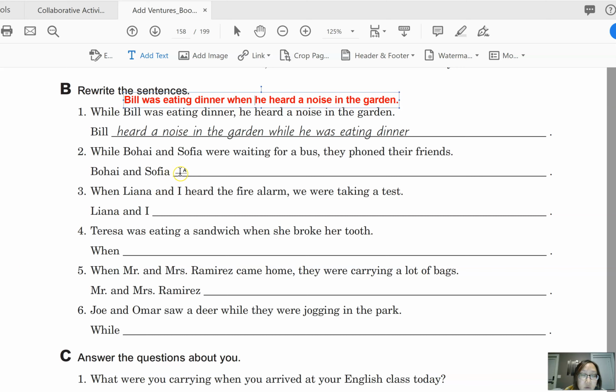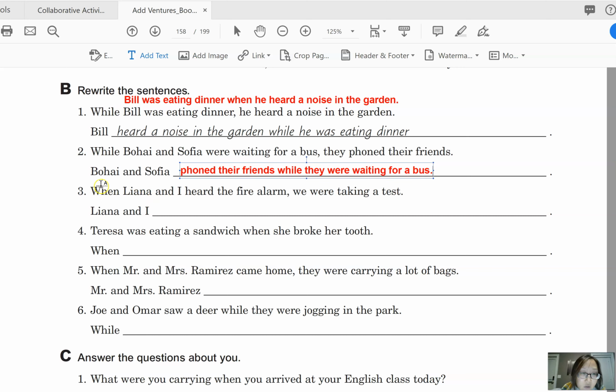Okay, so for number 2, while Bohe and Sophia were waiting for a bus, they phoned their friends. And phoned means called. This is the British way to say it, but in American English, we just say called. Okay, so anyway, Bohe and Sophia phoned their friends while they were waiting for a bus.